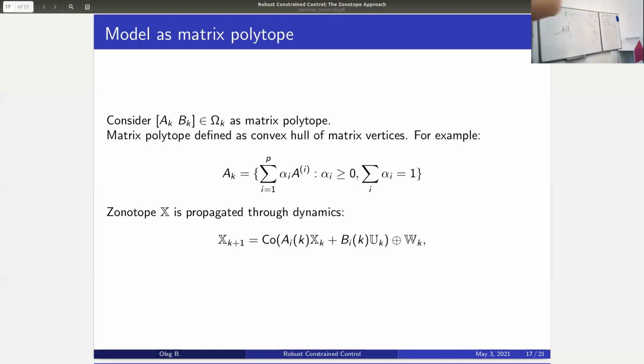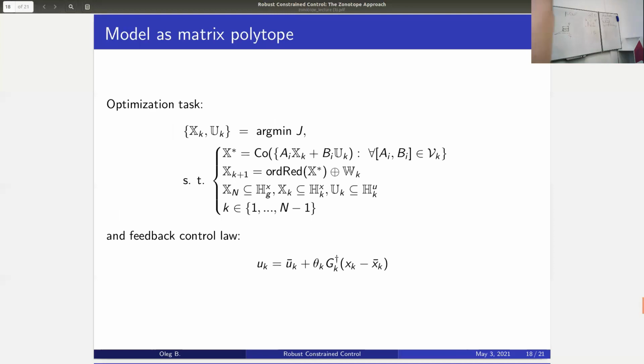We get this propagation: it's the convex hull of A x and the Minkowski sum with the disturbance, and our optimization task.